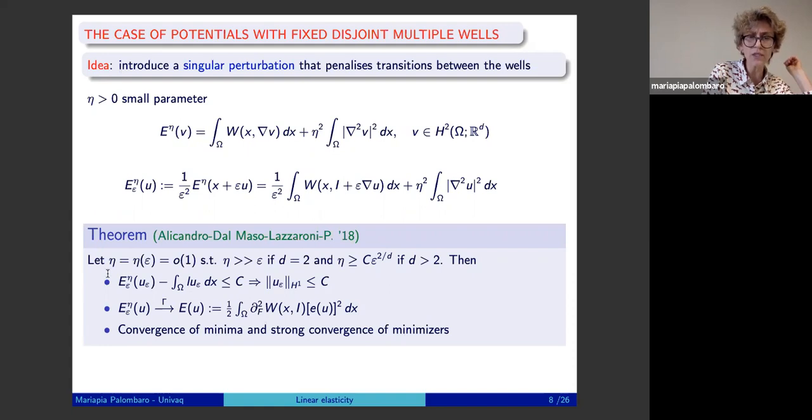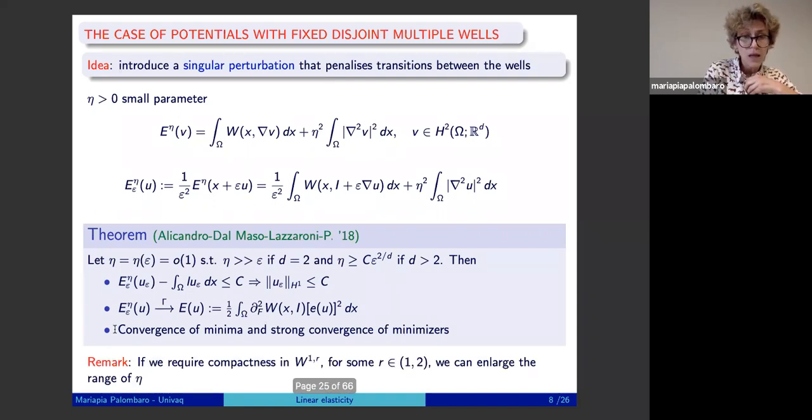And as I said, these two properties together guarantee the convergence of minimum problems. In fact, we proved much more than this: if we require compactness in W^{1,r} for r less than 2, we can also enlarge the range of eta. And we also prove that this scaling is optimal. Okay, so under this assumption, we can derive the linearized functional and prove compactness.